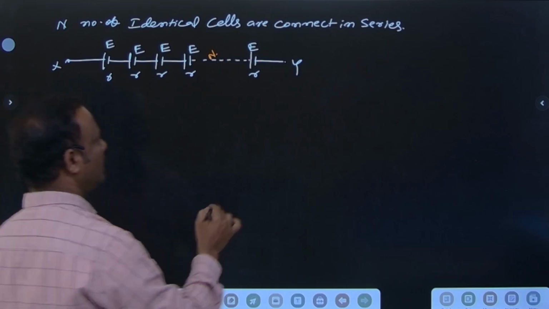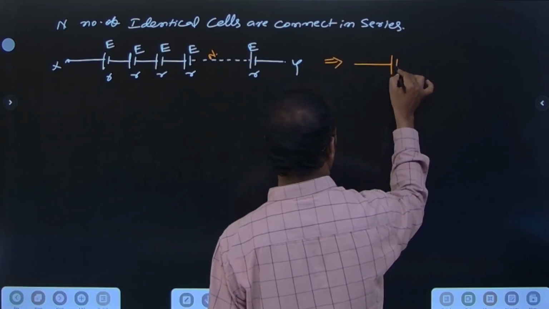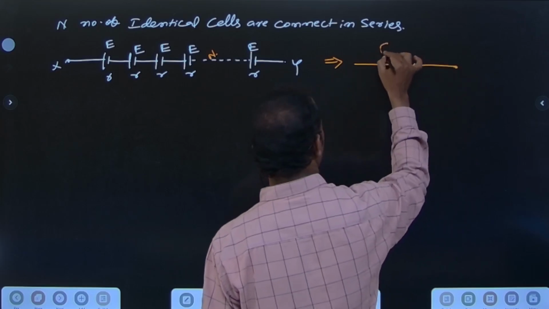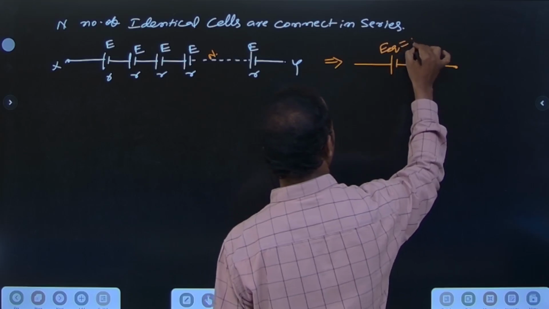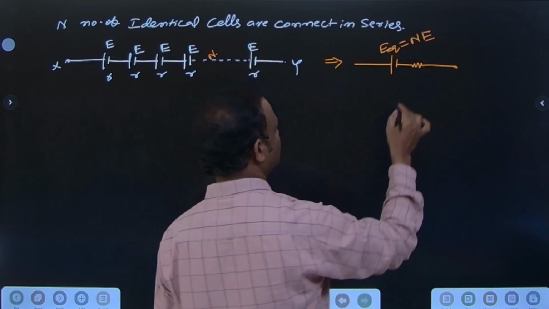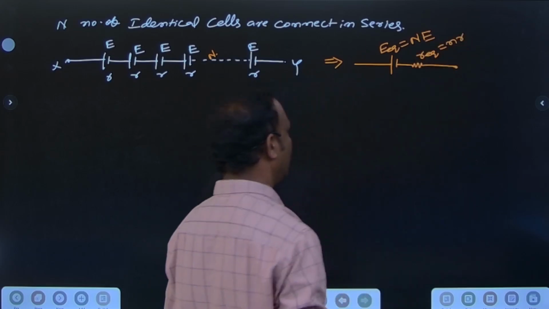So it acts like a single one with internal resistance small letter r. So E equivalent is equal to n times E. Its internal resistance, R equivalent, is equal to n times R.